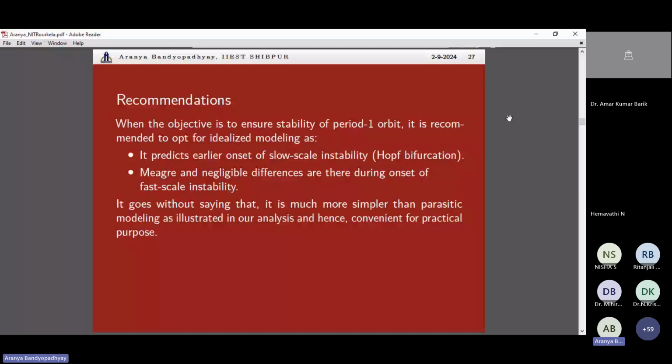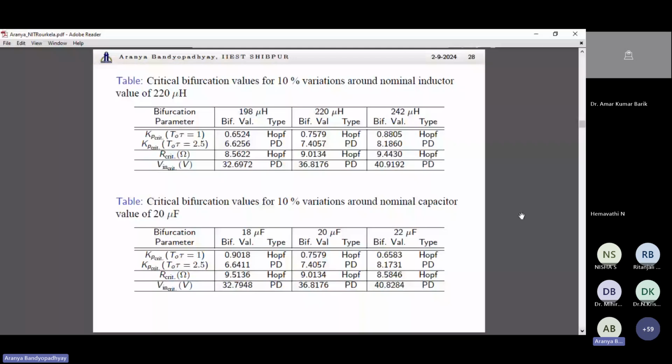Now, there is also another thing. See, when you are constructing the inductor by your own hand, you wind the wire around a core, but suppose our nominal value is 220 microhenry. It will hardly be exactly that.